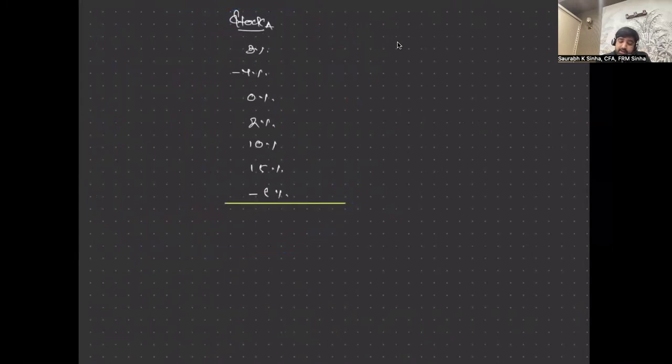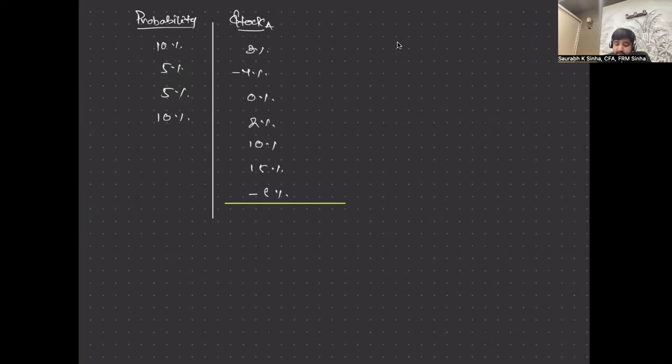So you will have probabilities. The probability of 3 happening is 10%, minus 4 happening is 5%, 0 happening is also 5%, 2 happening is 10%, 10 happening is again say 10%, 15 happening is again 10%, and minus 8 happening is 8%.